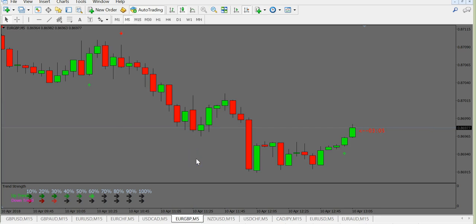So we have a trade currently trading. It might be in the money because the arrow itself is very strong.